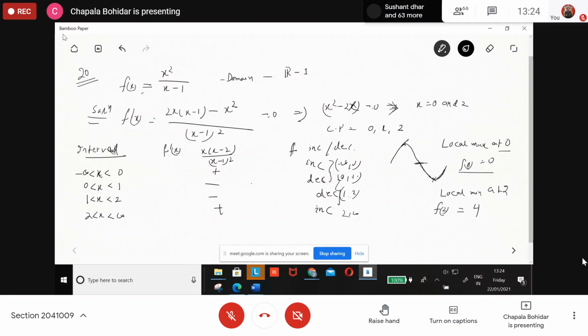Ma'am, here at 1 there is no value. So f dash c does not exist, but it also says that c belongs to the domain of f. But here the domain of f is all real numbers except 1. Then according to this, 1 should not be the critical number.